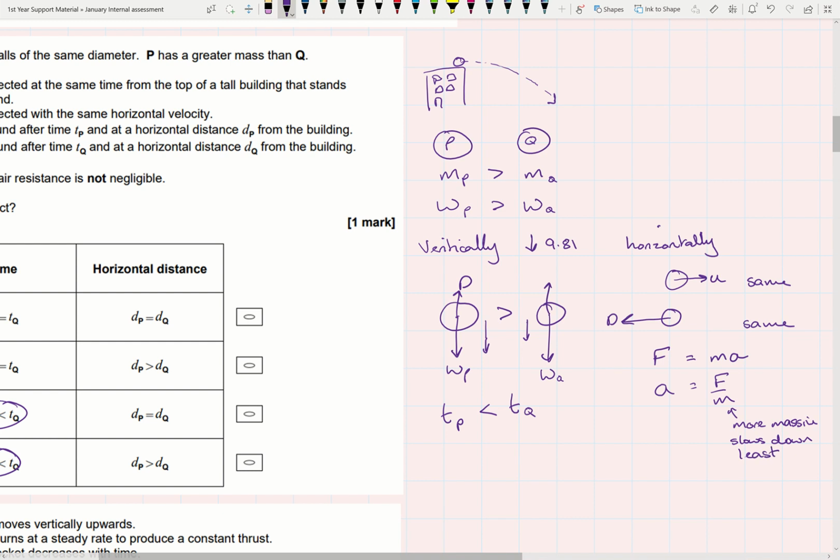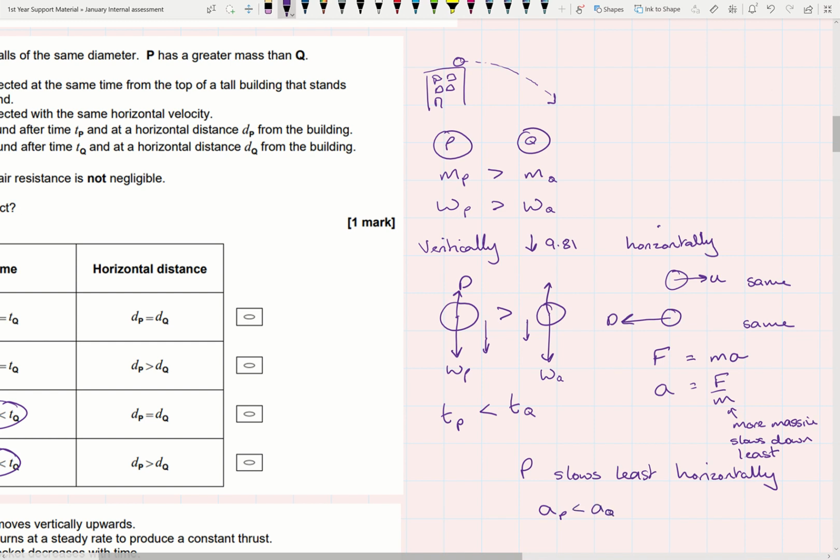So the one that slows down least is the one that's going to go the furthest. So the more massive one, which is P, slows down least, so P slows least horizontally. So let's say that the acceleration of P is less than the acceleration of Q.